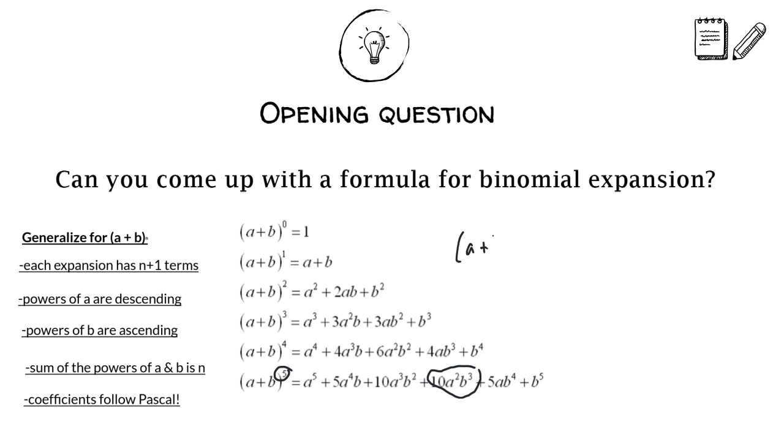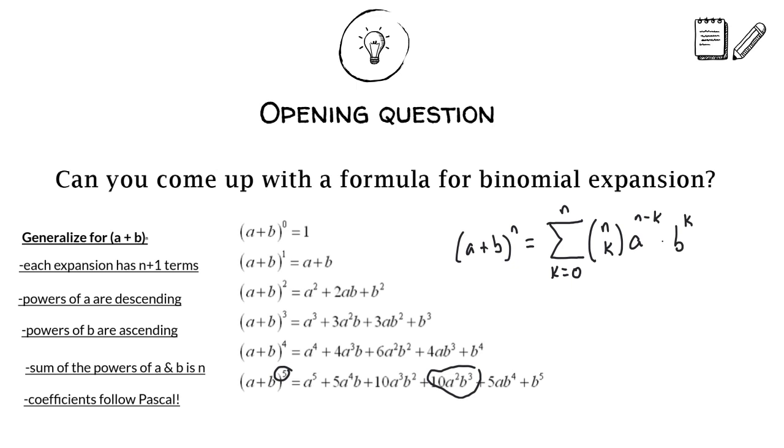A plus b raised to the nth power will be nothing more than the sum from k equals 0 to n of n choose k, there's my binomial coefficient from Pascal's triangle, a to the n minus k, so that the powers of a count down, times b to the k, so the powers of b count up.